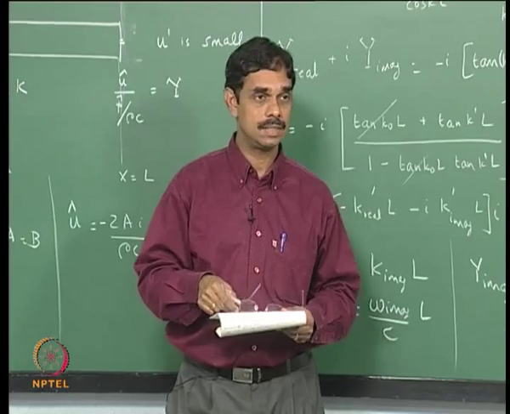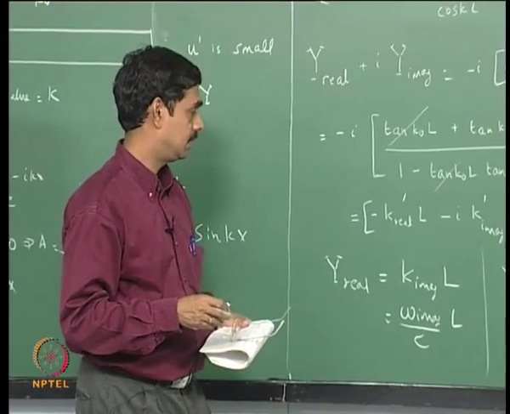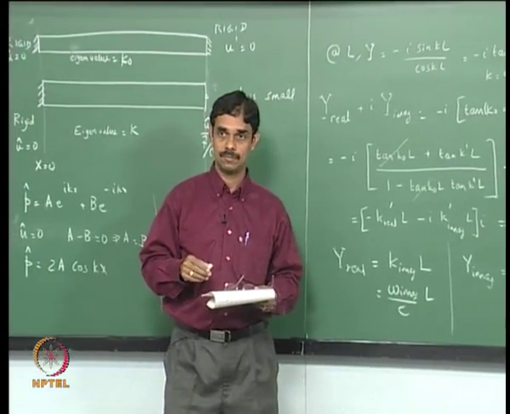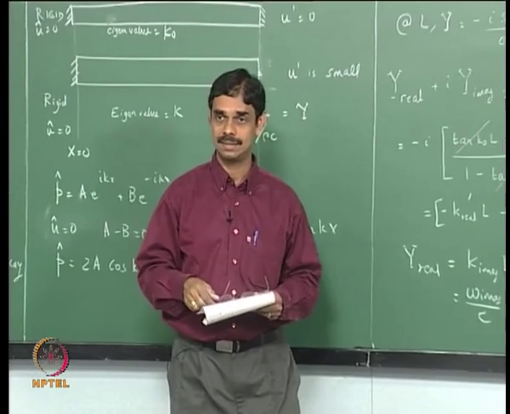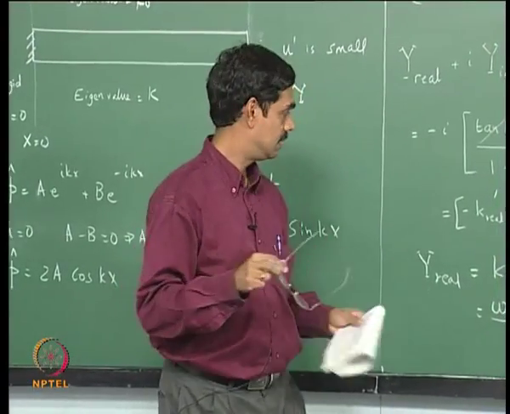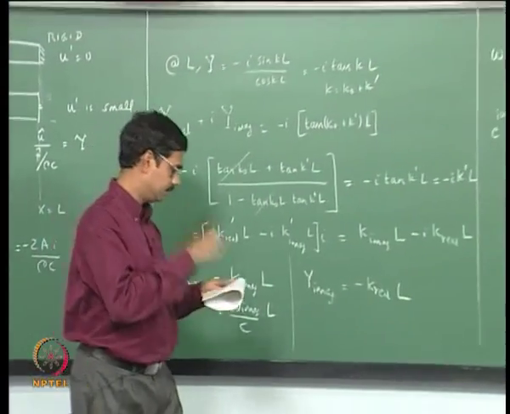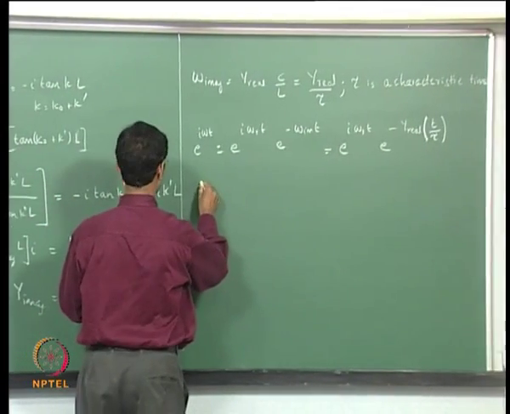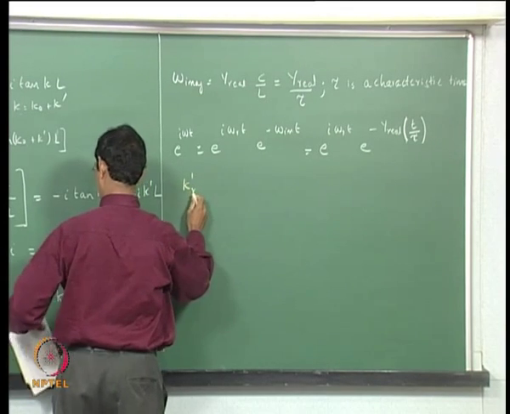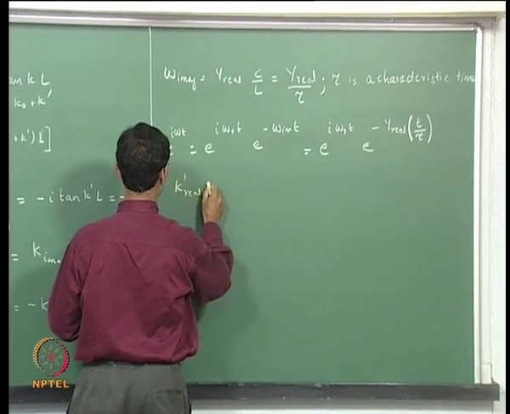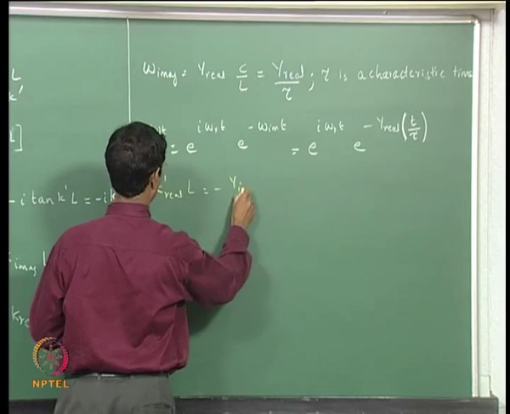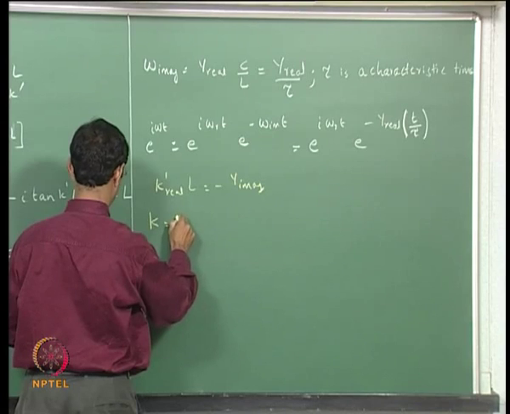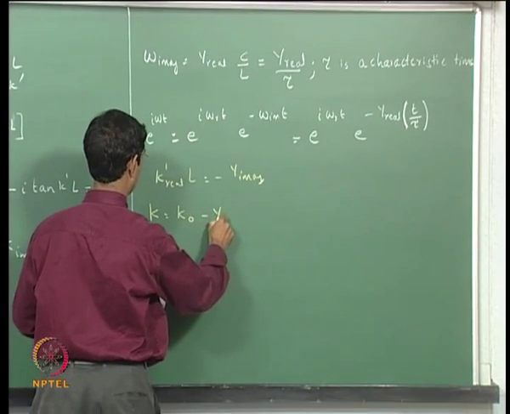So the other question that is still to be dealt with is, what does y imaginary mean? There is a question I think you guys asked earlier, and you can see the answer by writing it out. This equation: k prime real times L equal to minus y imaginary.